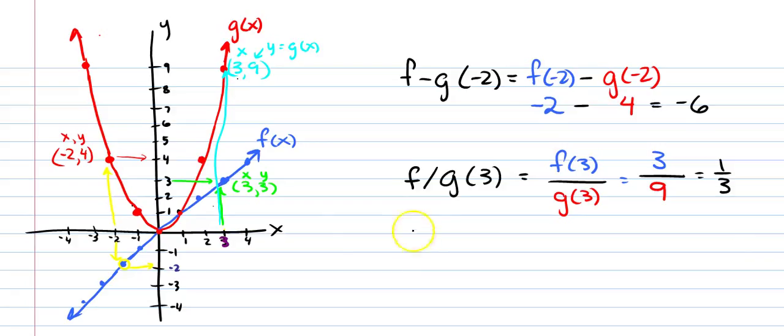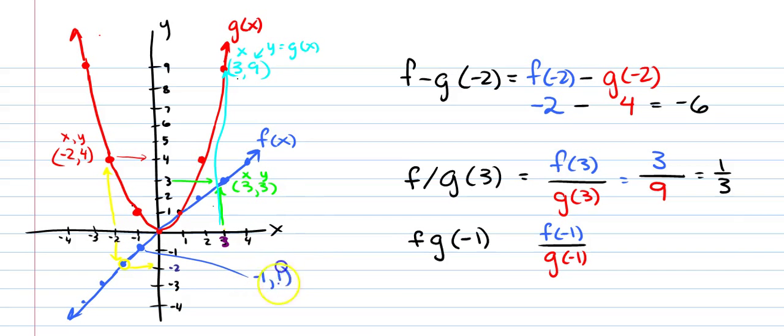If we did f times g of -1, that's f of -1 over g of -1. Now, when x is -1, f of x is -1, 1. That's my xy point.